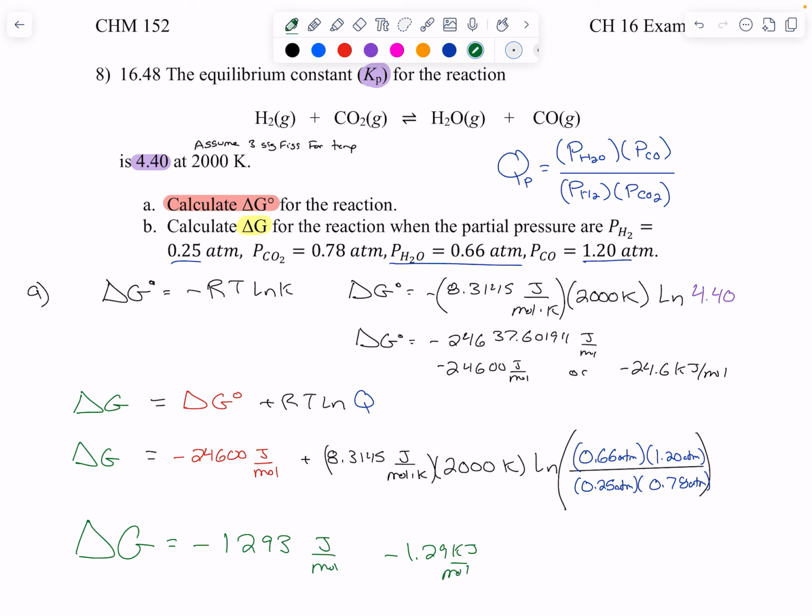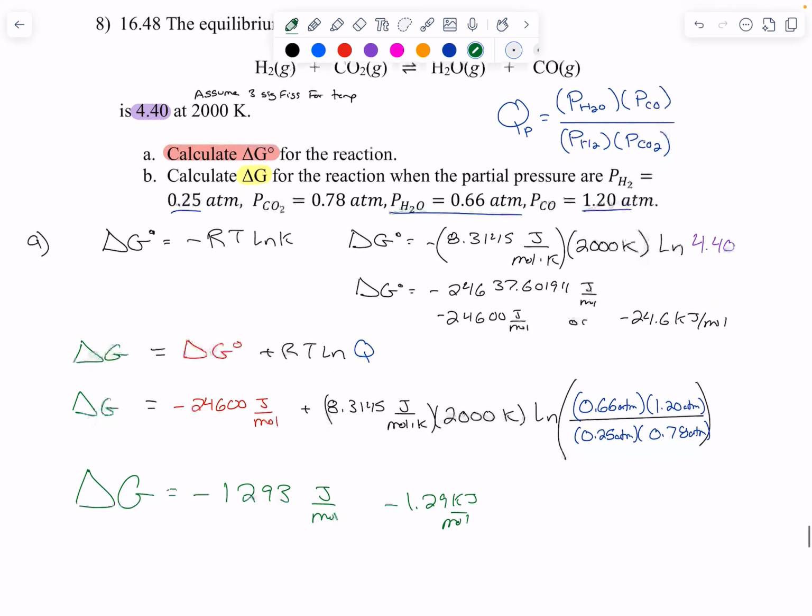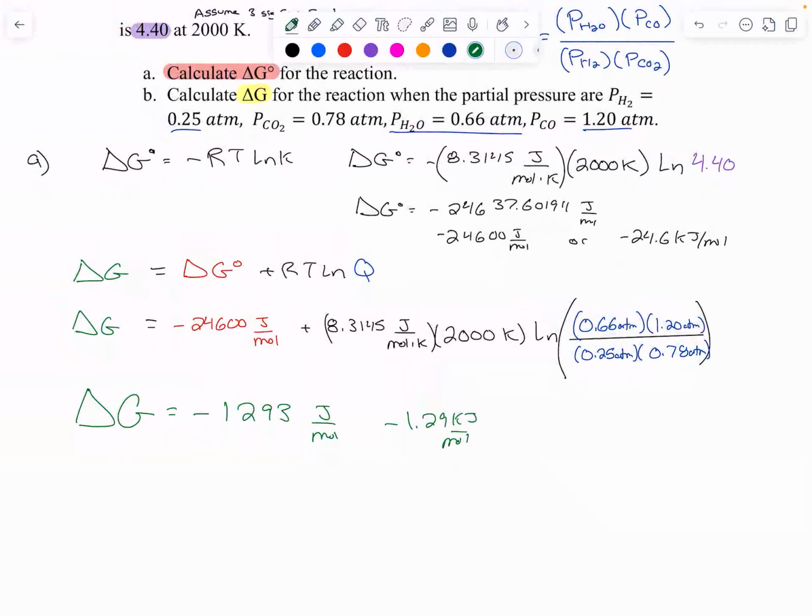All right, let's see here. If you would have broken it up, let's just say we'd have broken it up. In the reaction quotient, we get 0.66 times 1.2 divided by 0.25 divided by 0.78. I'd have got 4.062 here.